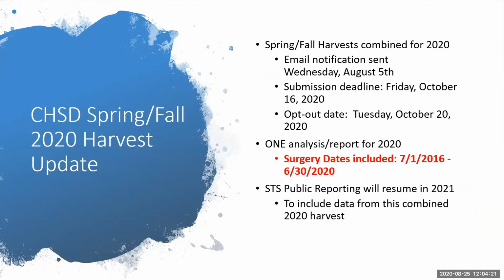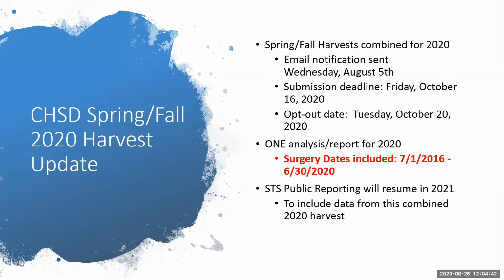I wanted to review the current harvest information. I know you've all seen this before, but I want to continue to share it on each user group call. On August 5th, the Congenital Database Manager community was notified of the plans for the 2020 harvest.